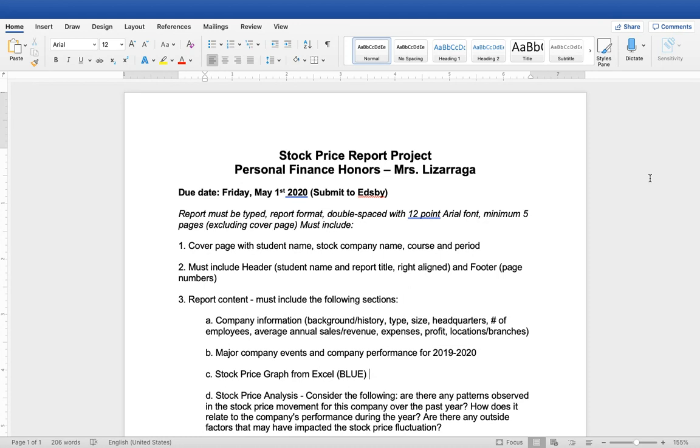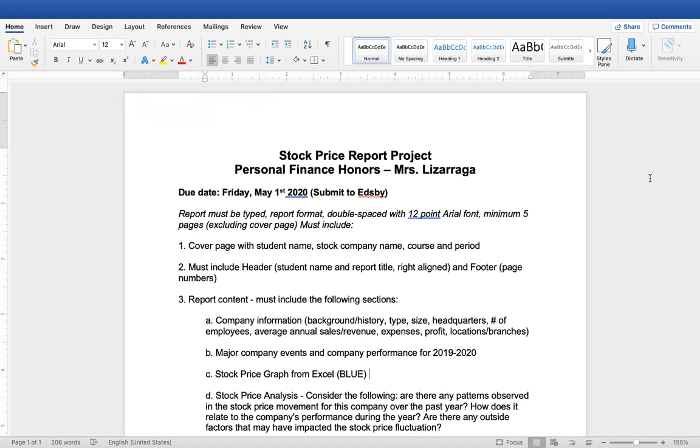So during the entire school year, you've been tracking the price of a stock that you selected for a publicly traded company, and every day as you're blue, you would go to Morningstar.com, pull up the stock price on that particular day, put it in your Excel spreadsheet, and also you created a graph.